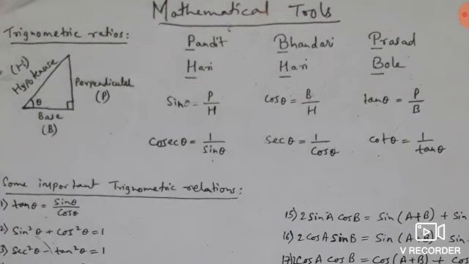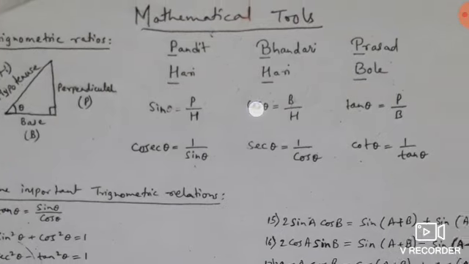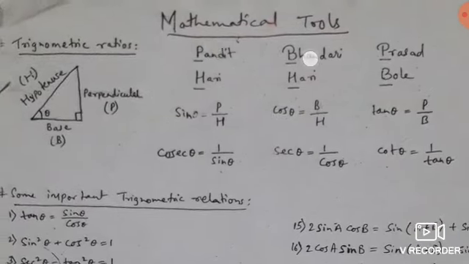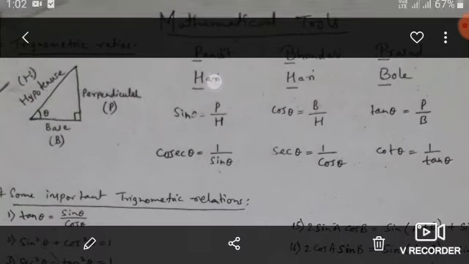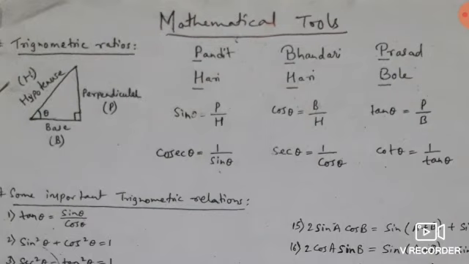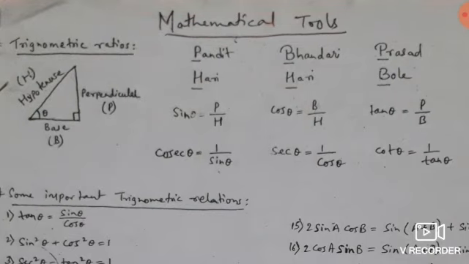So we can remember this formula by a special technique. Let us remember two names, Pandit Bhandari Prasad and Hari Bole. So P by H will be sin theta, B by H will be cos theta, P by B will be tan theta.